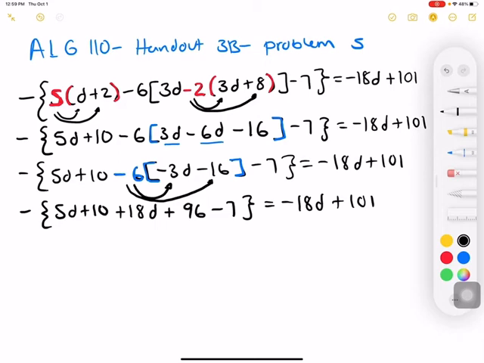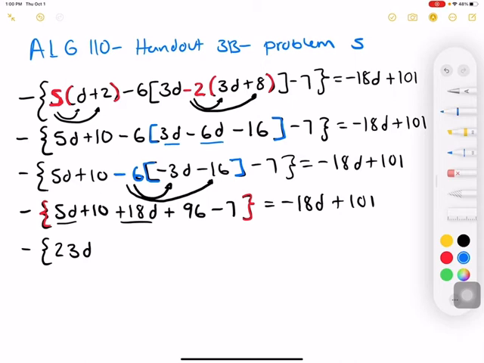Okay, get rid of the innermost parentheses and then combine like terms inside the parentheses that you have. So let's see if we can combine something in there, and we can, right? We have 5d plus 18d. That should be 23d.